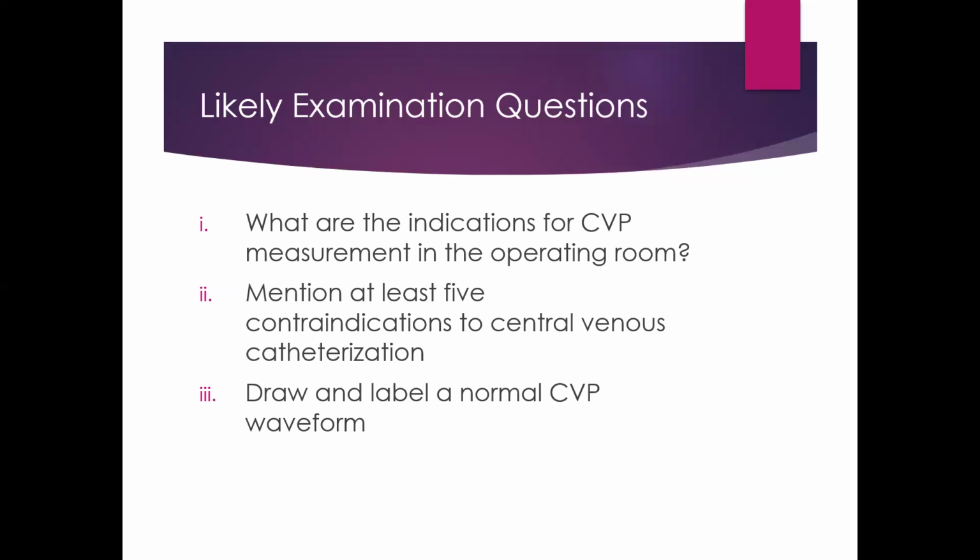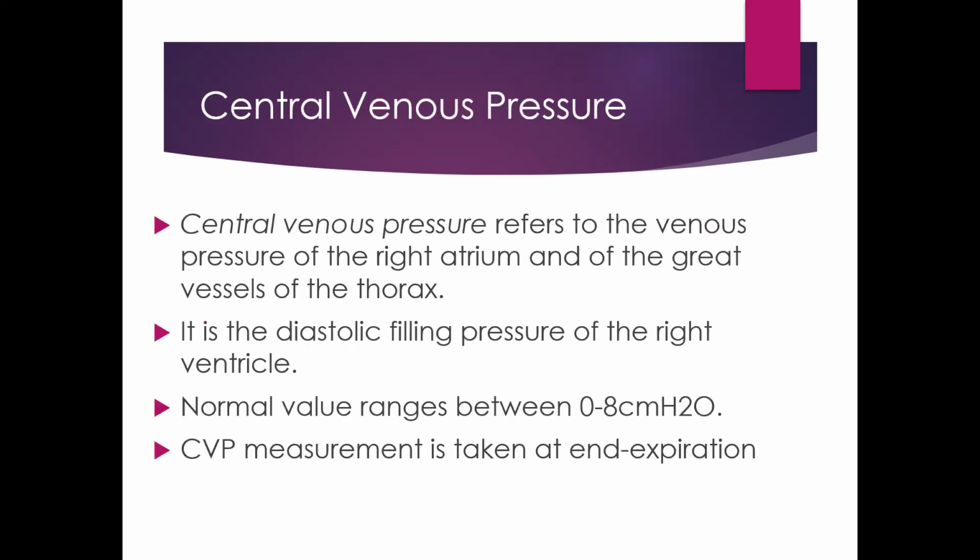Maybe I will add a fourth one: what are the different pathological waveforms that can be recognized on your CVP? Because it's not just enough to know the normal. It's important for us to be able to recognize deviations from normal. So these are the likely exam questions we hope to provide answers for as we go on in this discussion.